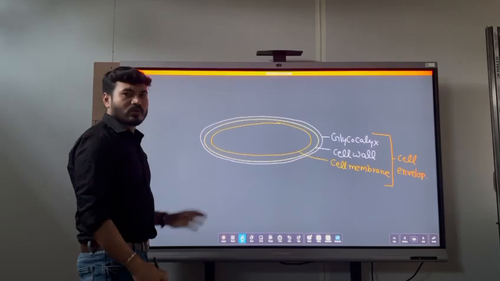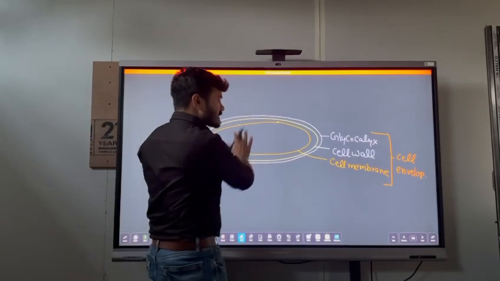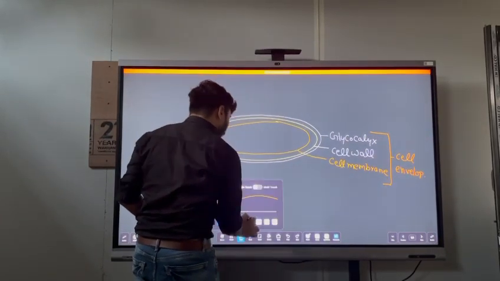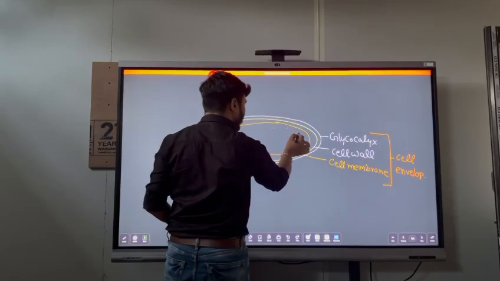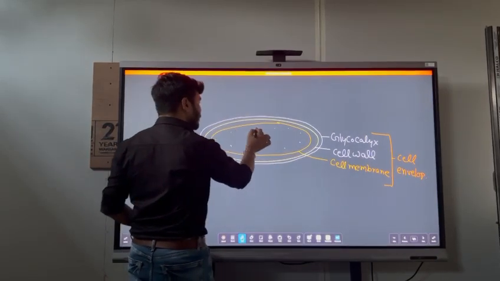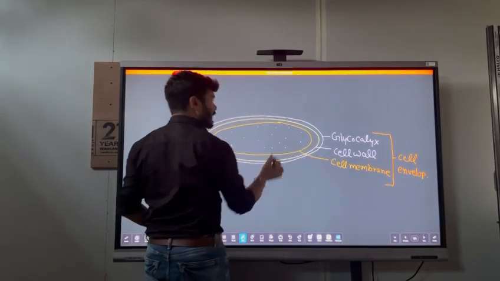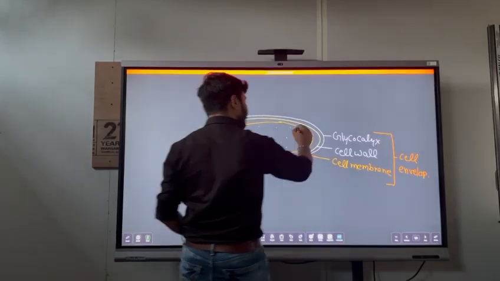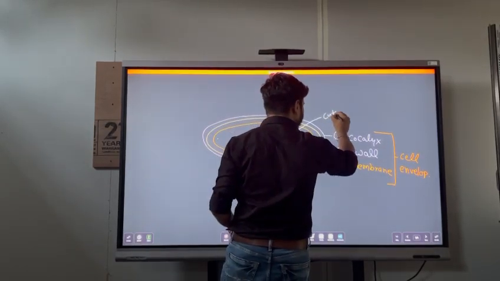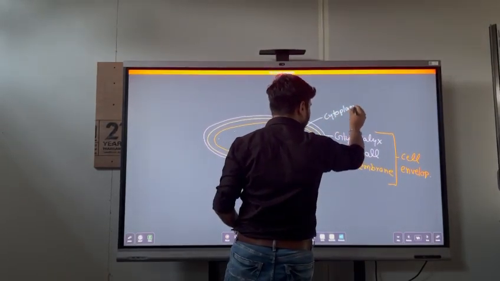Now inside this cell membrane, fluid is filled. It is simply known as the fluid or matrix of the cell, and it is known as the cytoplasm.